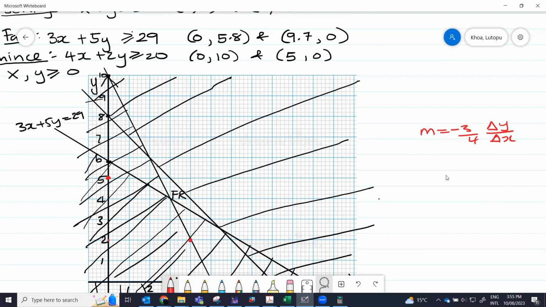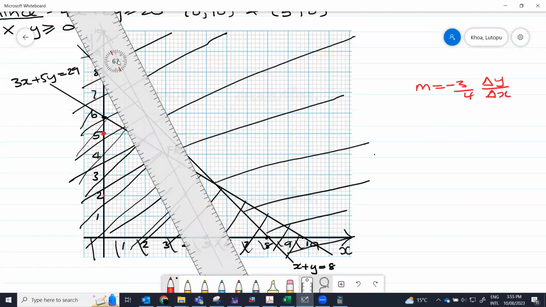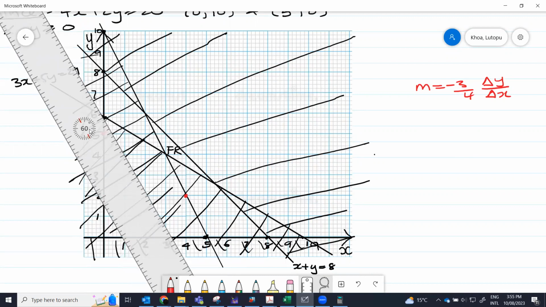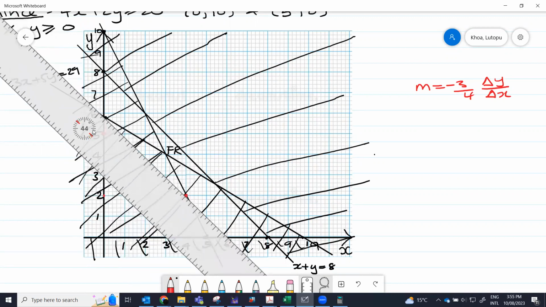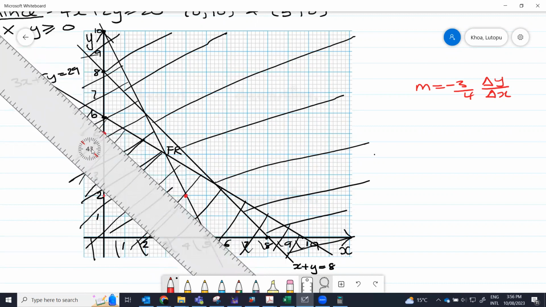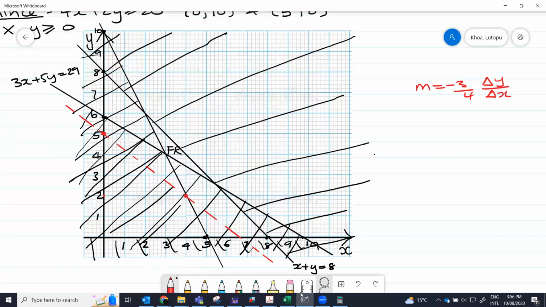Then these 2 points, you connect them with a broken line. Okay, so your broken line is that one there. And make sure that your line is labeled.